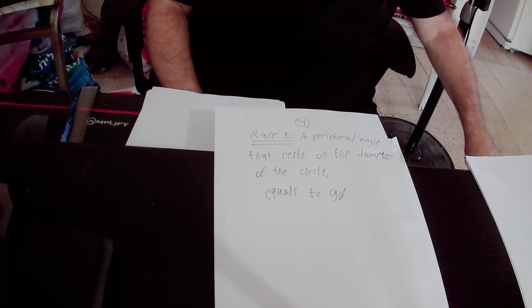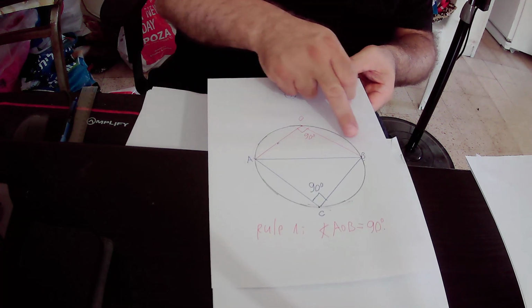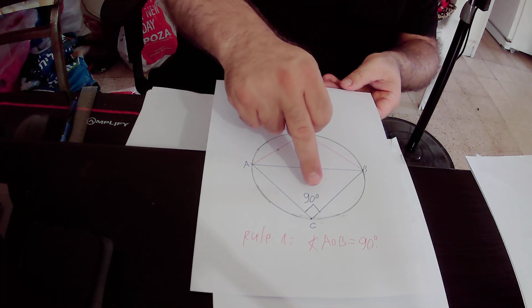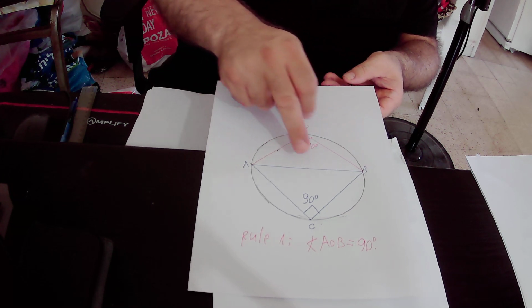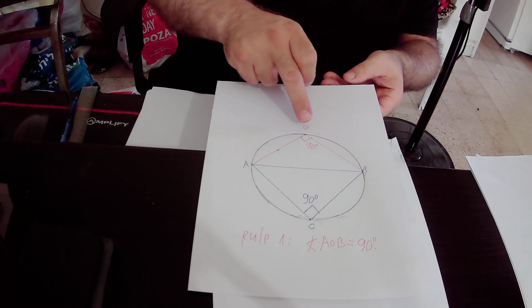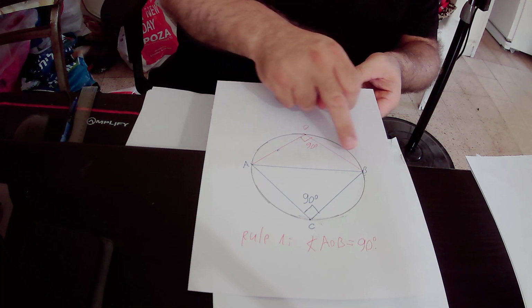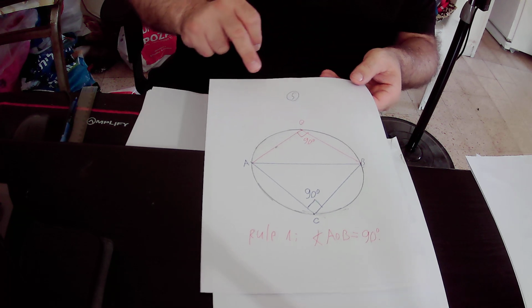So if, for example, AB is the diameter of this circle, and we have this angle that rests on the diameter AB, it equals 90 degrees, and also the right angle that rests on the diameter AB also equals 90 degrees according to rule number 1.